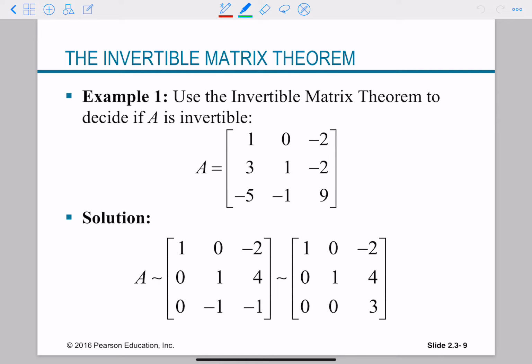Once we do the Gaussian elimination, we obtain these pivots along the diagonal, right? Even before converting it further into reduced echelon form, by the position of these pivots, we can easily see its reduced echelon form is identity matrix.